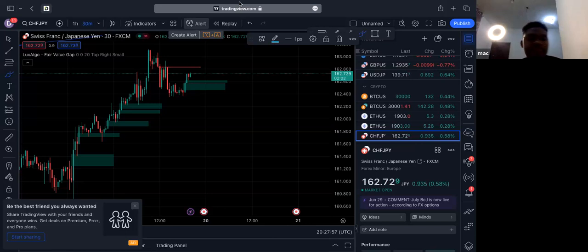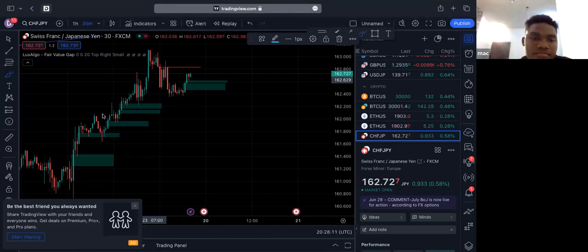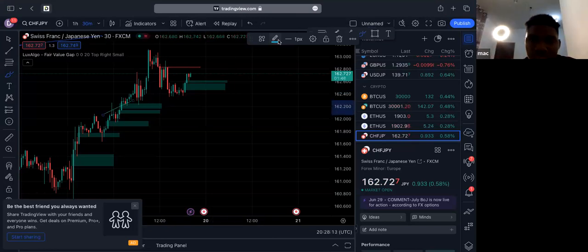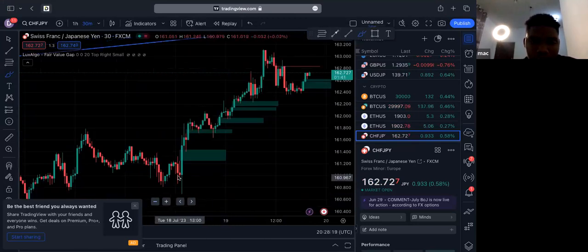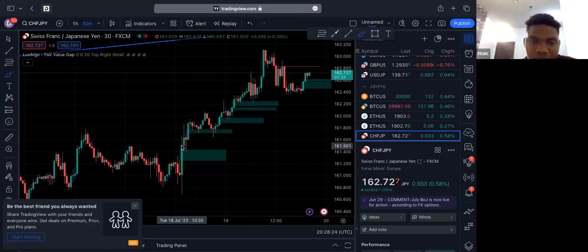Sufi said no. One more time. Okay. Candle 1, candle 2, candle 3. You are only looking at the 1st and the 3rd candle.